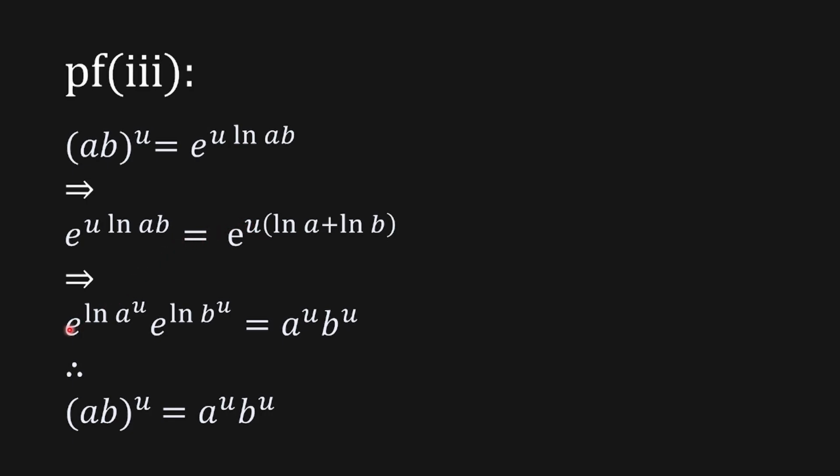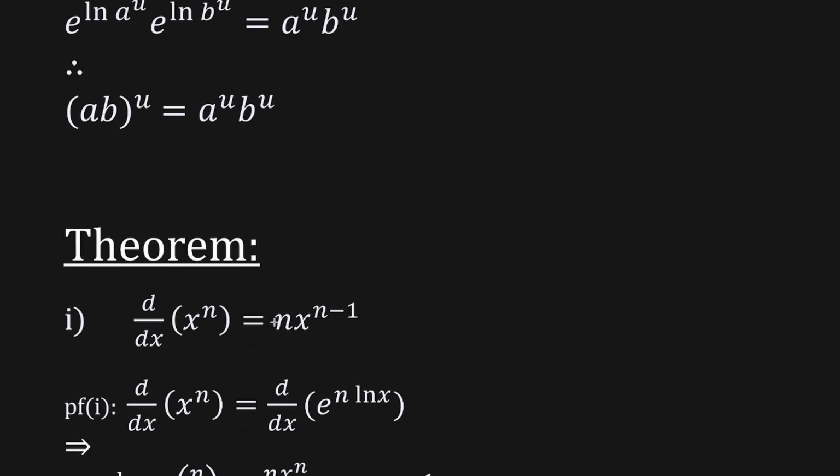So then we can distribute the u to each term here of ln, and then bring that u into the exponent. So then these e to the ln's will cancel, leaving us with a to the u times b to the u. Therefore, we can conclude that a times b all raised to the power of u is equal to a to the power of u times b to the power of u.